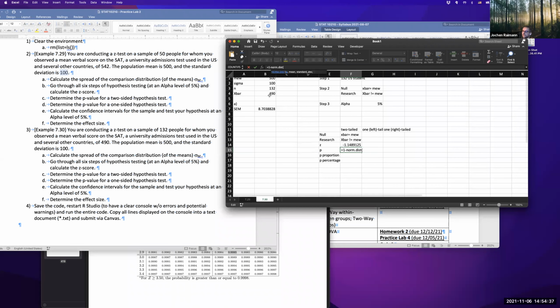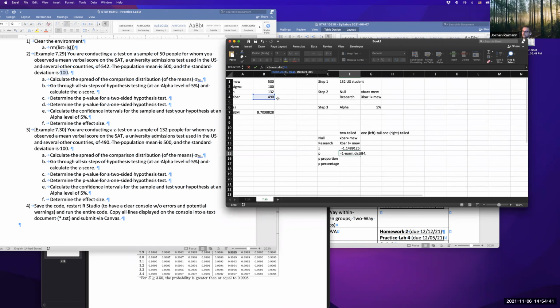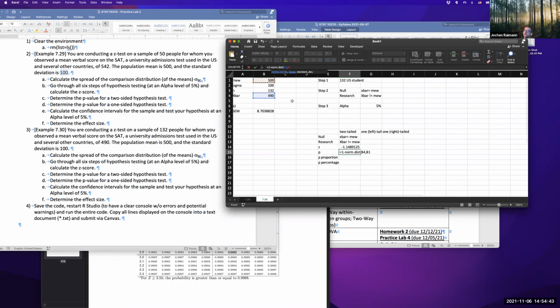Our x is 490. The mean is 500. The standard deviation is SEN, and it's cumulative. That's 0.87.